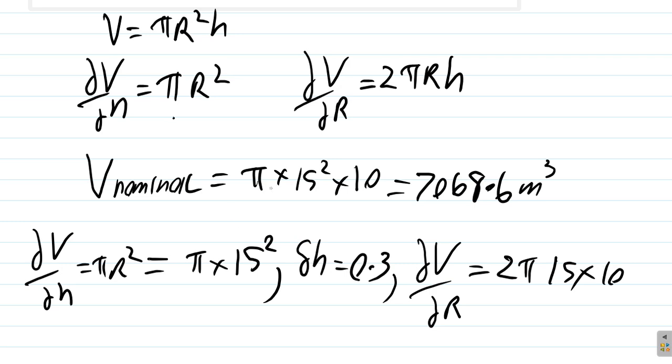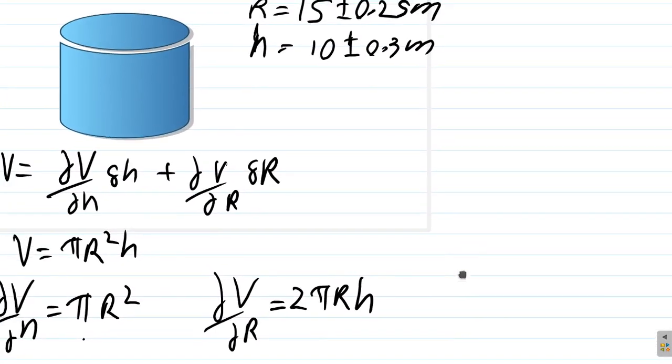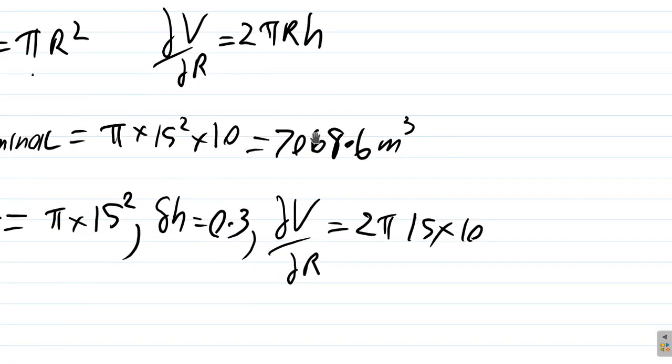Okay. And then the change in R is 0.25. So delta R is equal to 0.25. Okay, good.